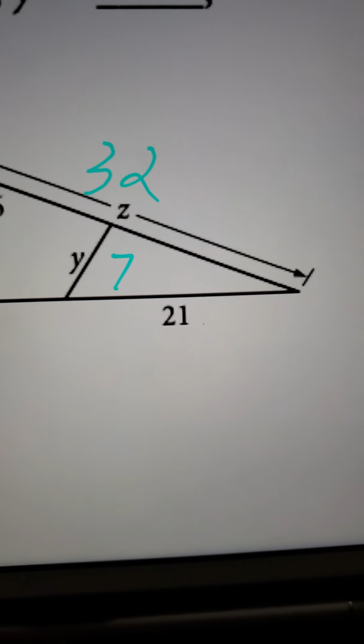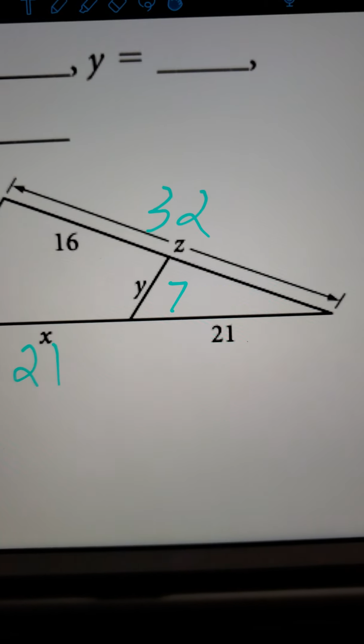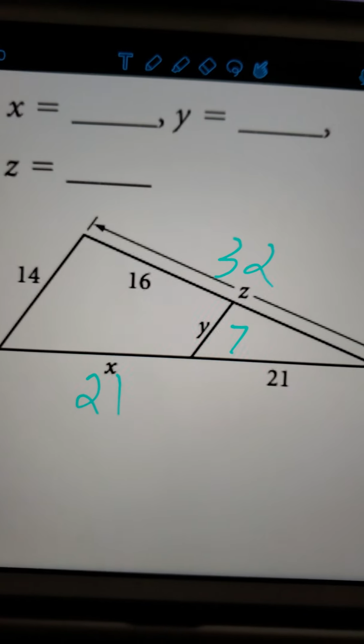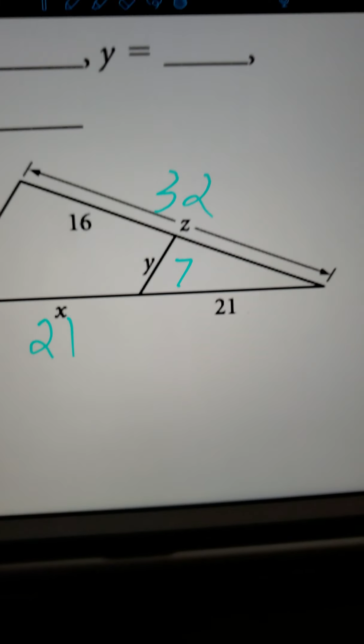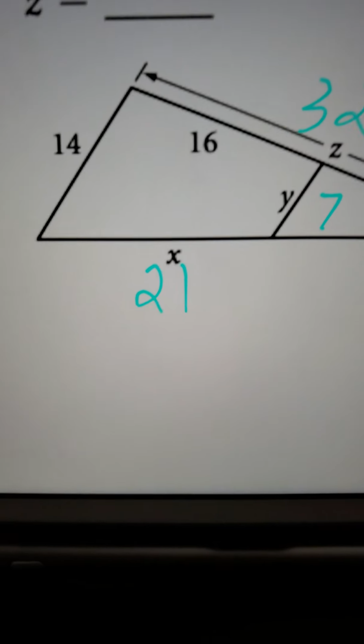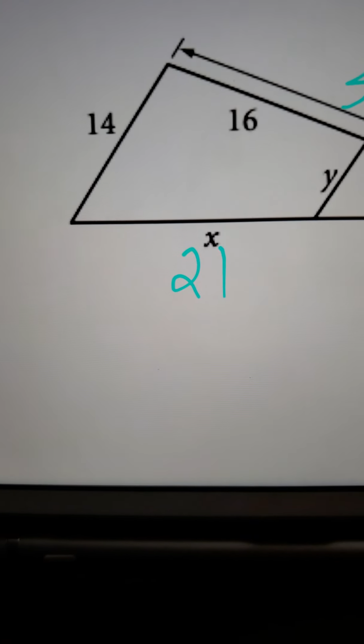Therefore, 16 times 2, because this side is 16 and this side is 16, even though it doesn't look like it, it is for this kind of problem. So it's 32. And X is the same thing. It's 21. That's 21 too.